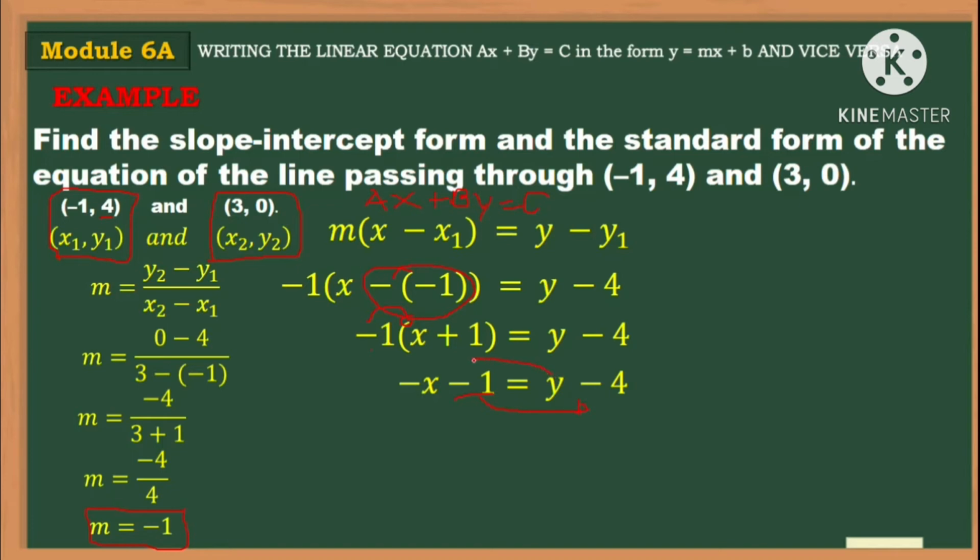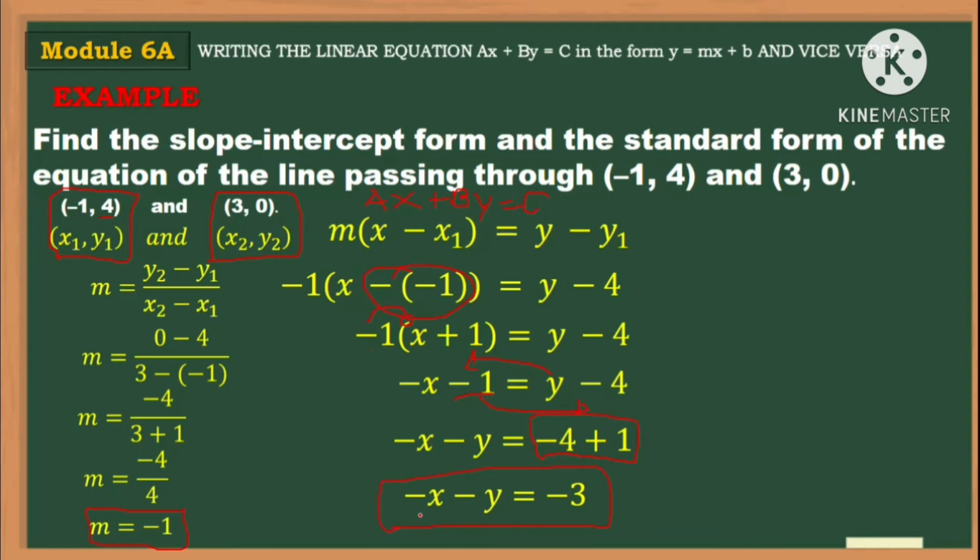Then yung 4, ay y rather, dito naman sa my left side. So, from positive y, magiging negative y. So, -4, this is -1, so plus 1. So, simplify ito, mayayari, negative x minus y is equal to -3. Why -3? This is -4 plus 1. Okay? So, ito na ang standard form natin.